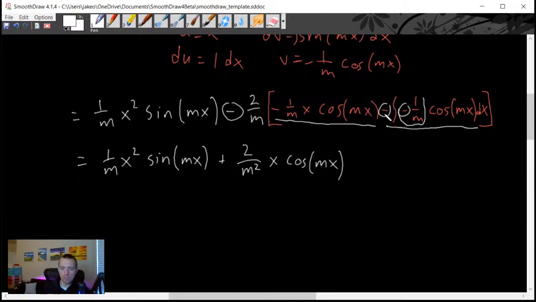Three negatives times each other makes a negative, and that's just because we're distributing this whole term here into this term here. So I know this is getting kind of messy, but negative, negative, negative makes a negative. 2 over m times 1 over m gives us 2 over m squared.